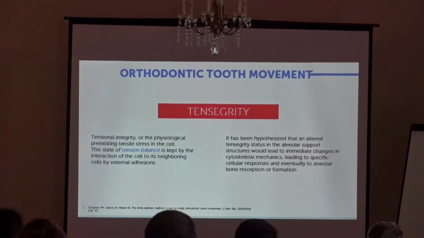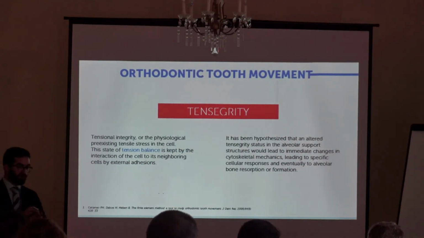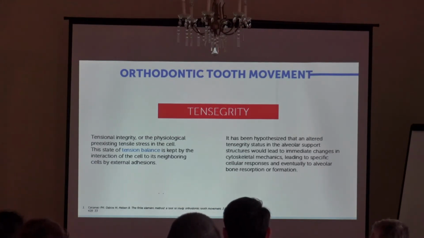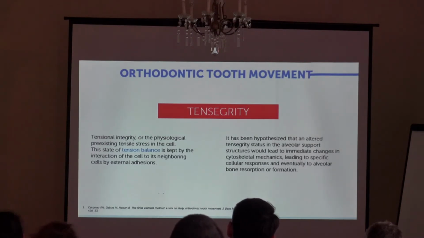Probably it is possible to answer this discrepancy through the concept of tensegrity. That is the tension balance that exists between the cells and their surrounding structures. And so probably it is the change in this static tension integrity that alters maybe the cytoskeleton, resulting in a cellular response that leads to bone remodeling and everything that we see.